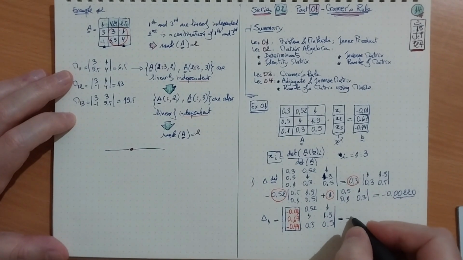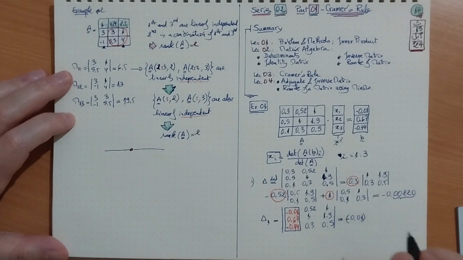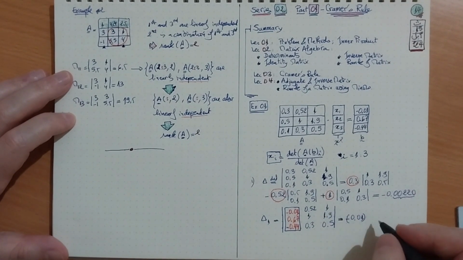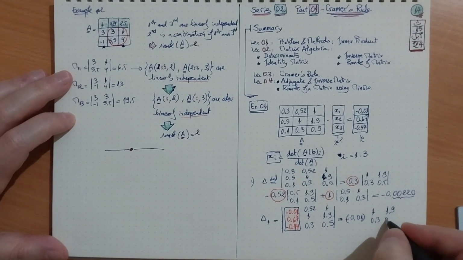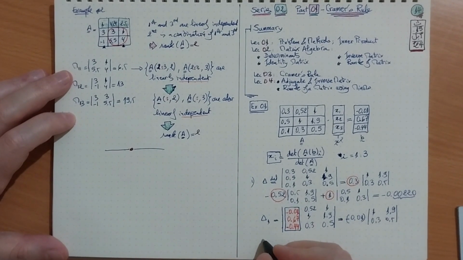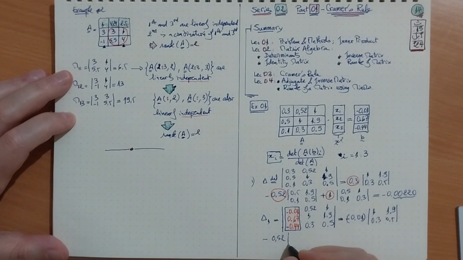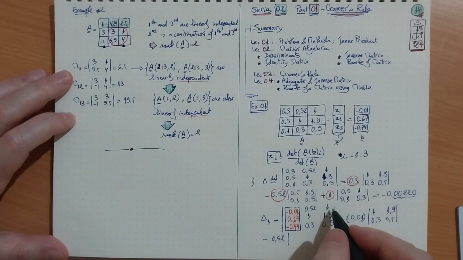So minus 0.01. The element is negative, but the sign is plus. And its minor. We eliminate the row and the column. So we have 1, 0.3, 1.9, 0.5. And then minus the element 0.52. And its minor. We eliminate the second column, the first row.